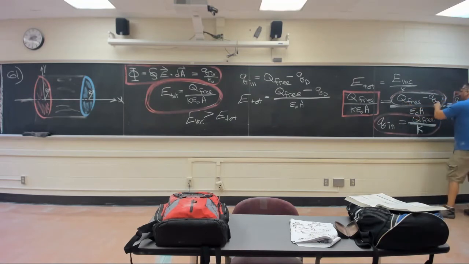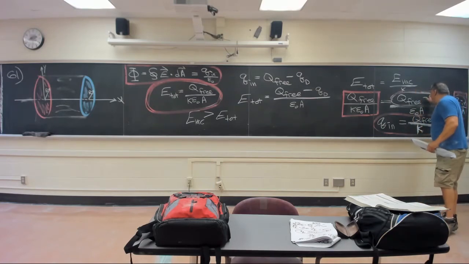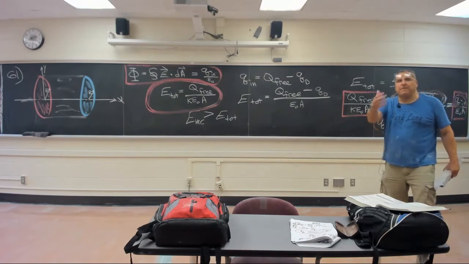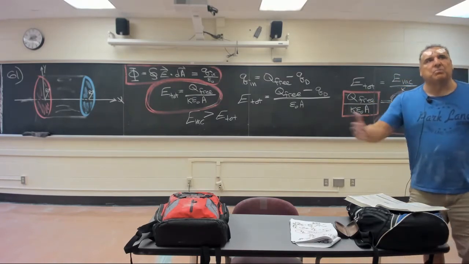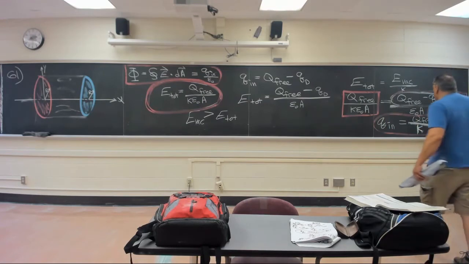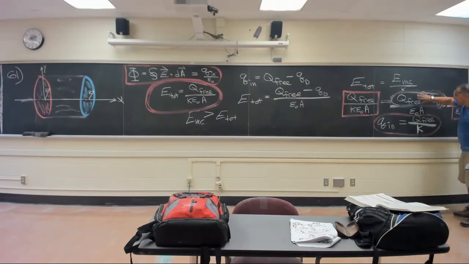This is what we said the Q in is over epsilon naught A. We don't need to use the kappa down here because we've already accounted for the opposing E field that's taking place. Together in aggregate, there's going to be an E field that's smaller than what it was before. This thought process already accounts for the kappa.